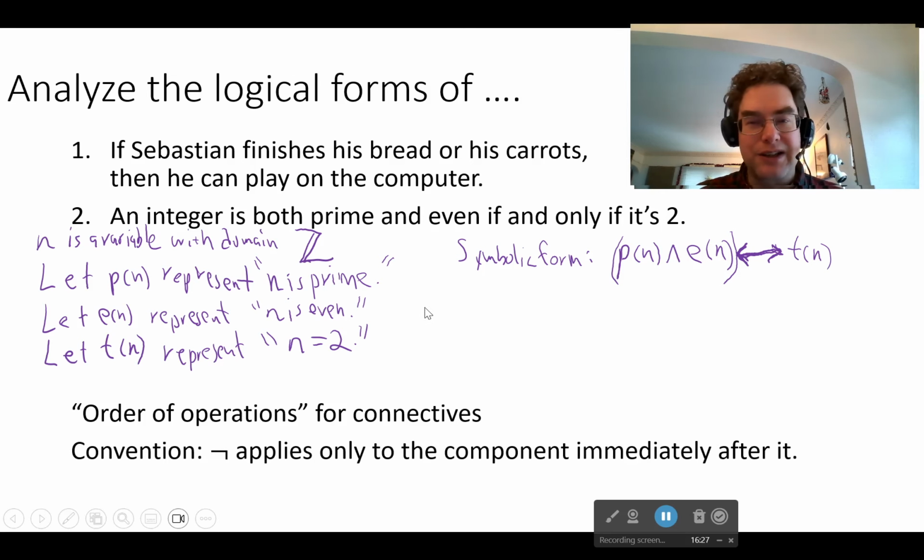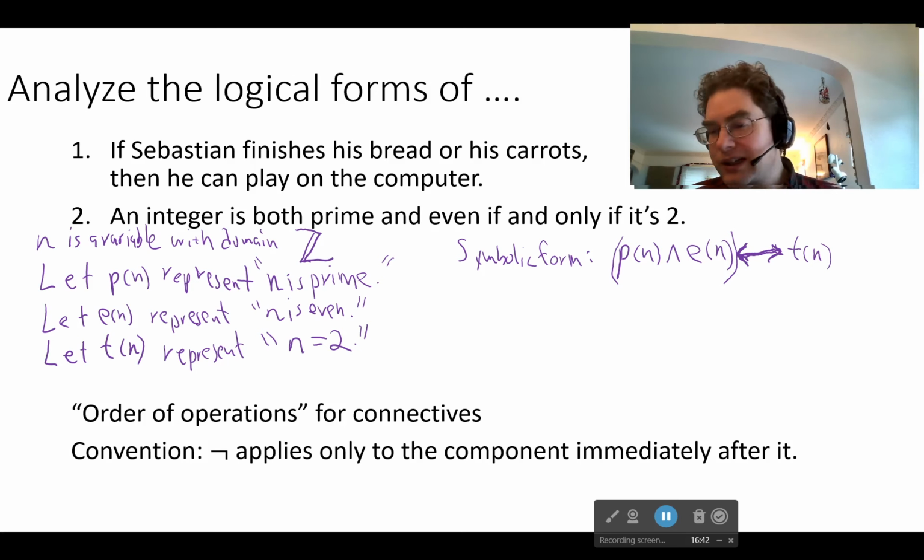Now, there is one convention that is universally pretty much followed, I believe, and we will follow it as well. And that's when you have a negation, it only applies to the component immediately after it. Whatever comes right after it is the only thing the negation applies to. Now, just like with any order of operations rule, you can override it with parentheses. So if the negation is followed by parentheses, then it's going to apply to whatever's in those parentheses.